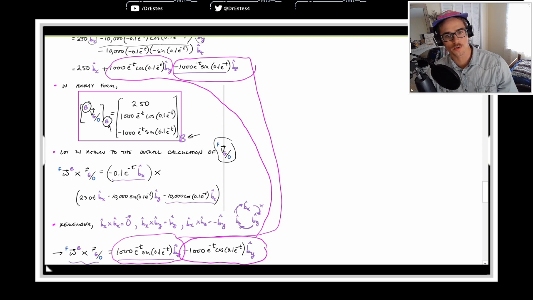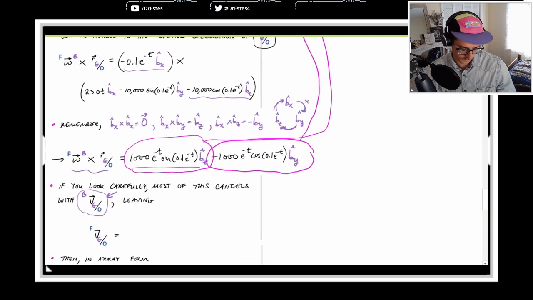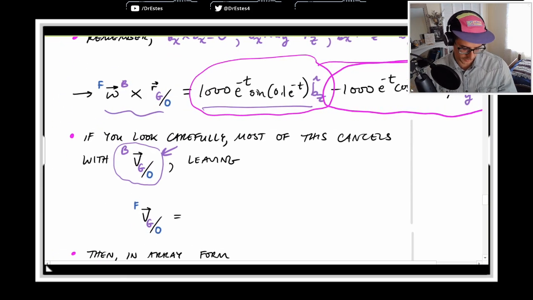So all that we're left with when we add these two terms together is this guy, 250 along the bx basis vector. So from all of our transport theorem, it turns out that we're left with just this.